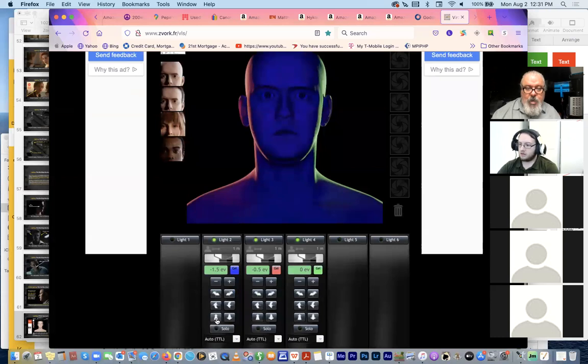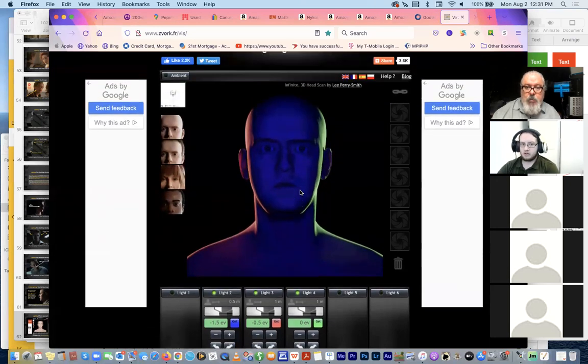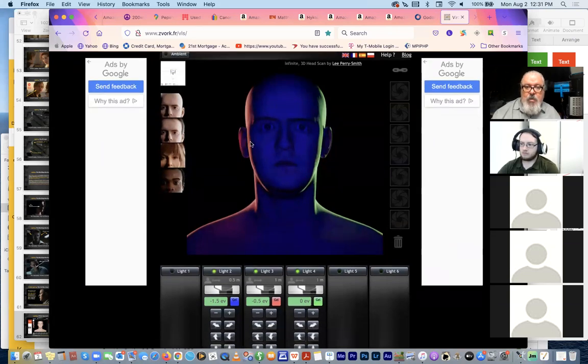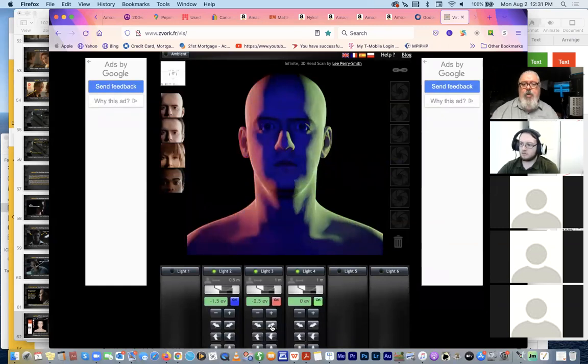Maybe we raise that light so we get a little bit more shadow under the jaw if we raise it. And now we've got this sort of double edge thing going on. And maybe, you know, we can fatten up the edge light by moving the light more around to the front. Whoops, wrong light. We can thicken up that edge light if we bring it around to the front more.